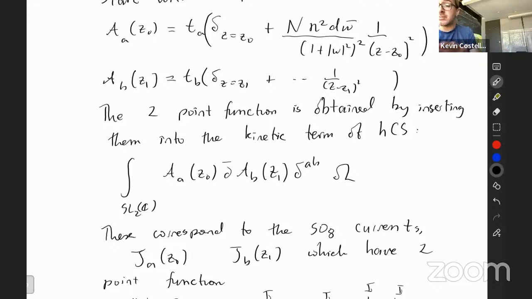So what I'd like to do is quickly compute this integral explicitly. And we're going to be a little loose, and I'll drop some terms which are not so important and just focus on the relevant terms.